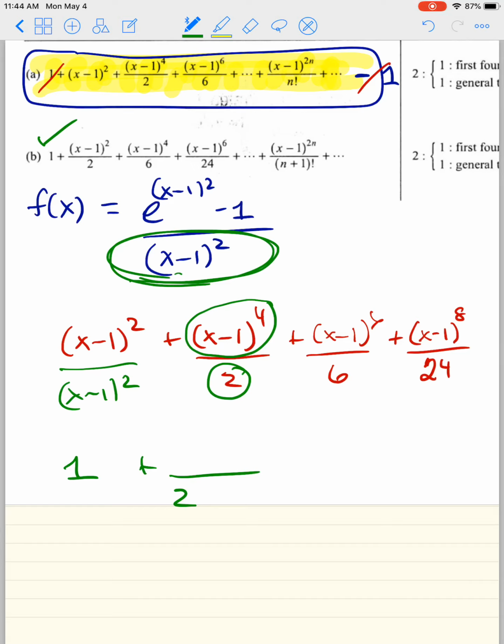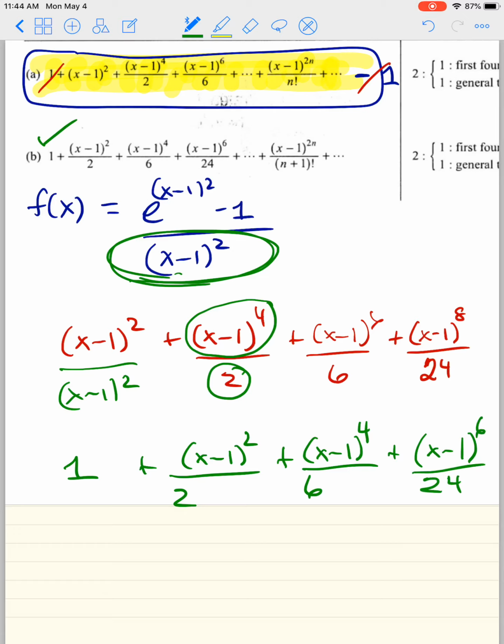Well, when we divide and we have the same base, we can subtract exponents. So 4 minus 2 is x minus 1 squared. Plus, let's move that 6 out. X minus 1 to the 6th divided by x minus 1 squared is x minus 1 to the 4th because we subtract. And finally, we subtract 8 minus 2. That gives you 6, and that's going to be over 24.